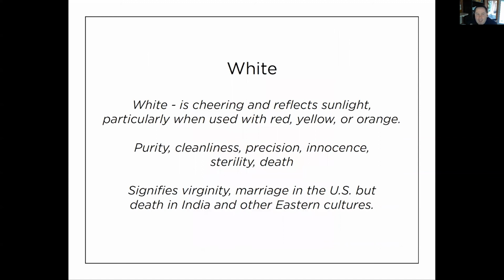White. White is cheering and reflects sunlight, particularly when used with red, yellow, or orange. It refers to purity, cleanliness, precision, innocence, sterility, and death. It signifies virginity and marriage in the U.S., but death in India and other Eastern cultures.